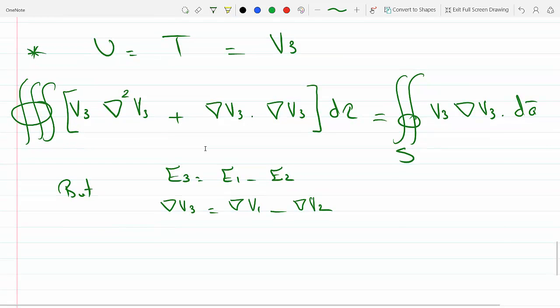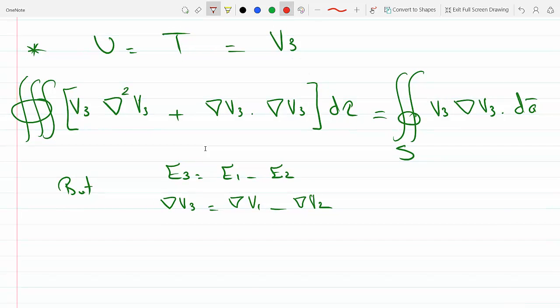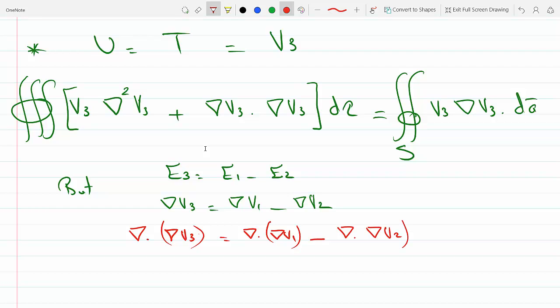But I could take the divergence of this one more time. So the divergence of gradient V3 equals the divergence of gradient V1, because if the gradients are equal, the divergence of these gradients have to be equal, minus the divergence of gradient V2.